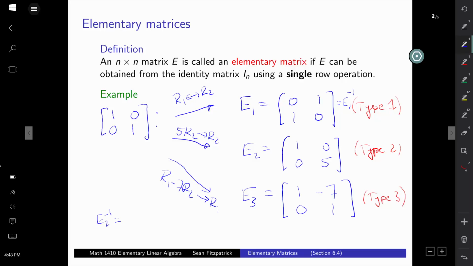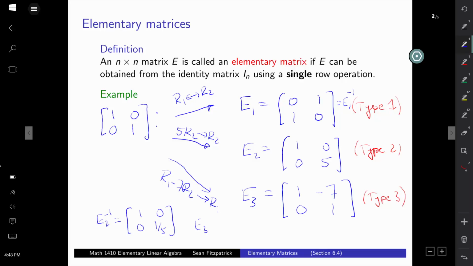Well, I do the opposite of multiplying a row by 5. If I wanted to cancel out the effect of multiplying by 5, I'd divide by 5 or multiply by 1 over 5, right? So if I divide by 5 in row 2 instead, that should give me the inverse, and you can check that it works.